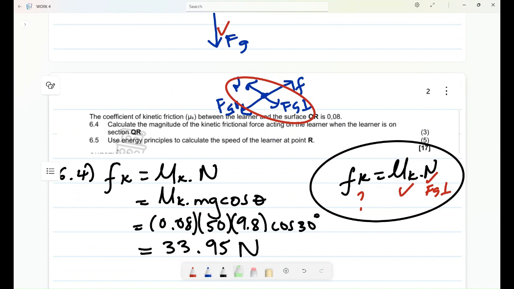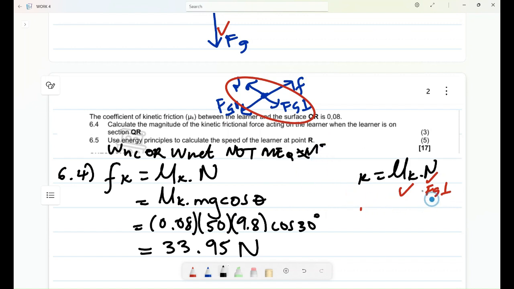All right, now use energy principles. So the energy principles that are applicable are this formula or this formula in this case, but not this formula. This formula is not applicable because energy is not conserved.